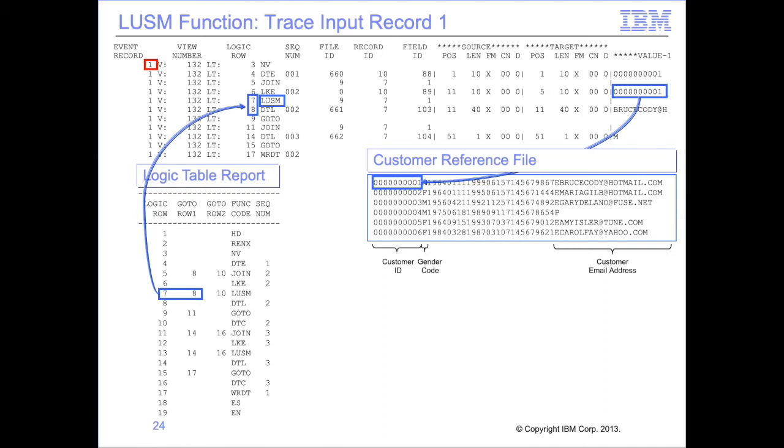In our example, row 8 is the next row in the trace. From this, it is clear that the LUSM function found a corresponding customer record with customer ID 1 in the customer reference file. Now, any logic table functions that reference customer logical record ID 7, called record ID in the trace report, will use this record until another LUSM is performed for the customer logical record.